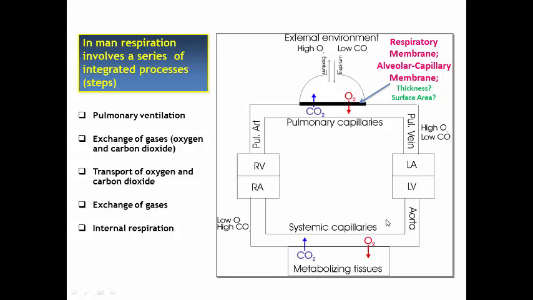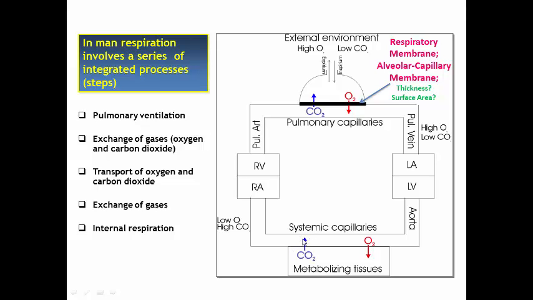So the metabolizing tissues take up oxygen from the blood that flows along the systemic capillaries, and they use oxygen to generate adenosine triphosphate, the energy. And while energy is being produced, carbon dioxide is also produced as a byproduct of metabolism. So we have diffusion of carbon dioxide from the metabolizing tissues to the interstitial fluid and then to the systemic capillaries.